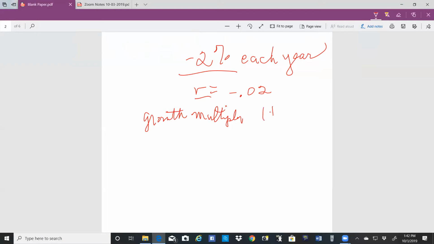It's going to be 1 plus r, which is going to be what? What's 1 plus r if r is minus 0.02?